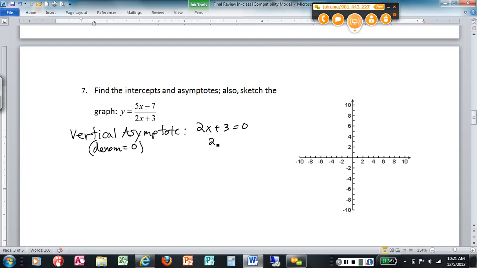Subtract 3, divide by 2. Negative 3/2 is the vertical asymptote. And what I'm going to do then on the graph, that's negative 1.5. I'm going to draw a vertical dotted line at negative 1.5, my vertical asymptote. Okay?